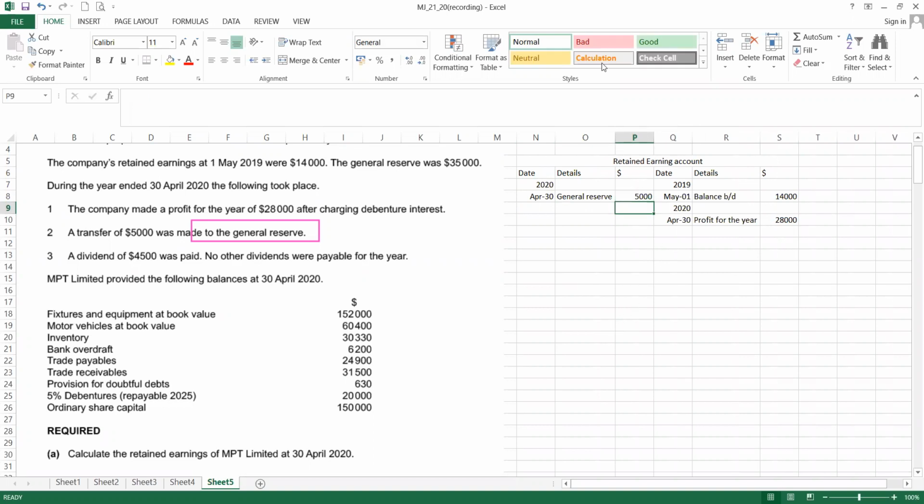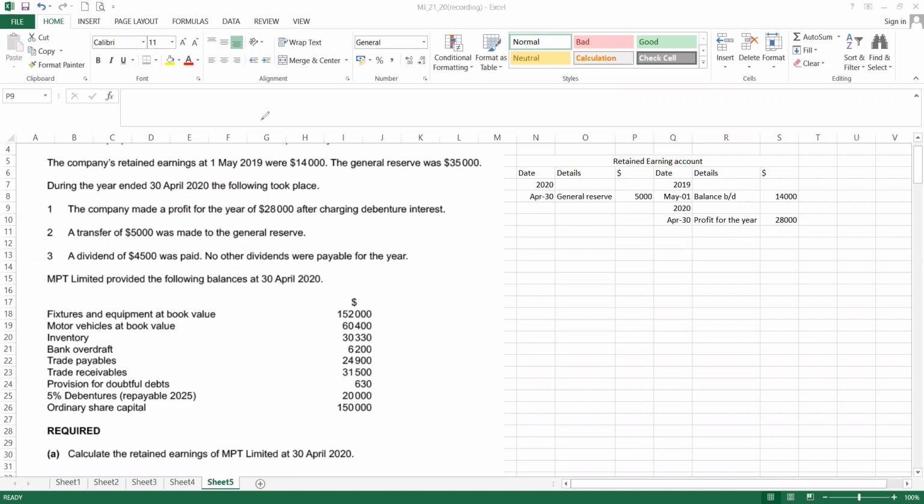Take note that if the question changes it to a transfer of 5,000 made from the general reserve, you will have the general reserve amount on the credit side. So take note in your exam whether the question says "to" or "from".